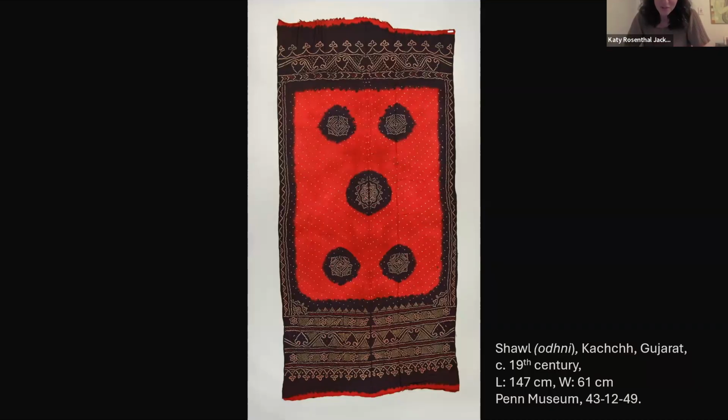And it is currently estimated that more than 25,000 people earn their livelihood from tying bandhani and dyeing bandhani, just in Kutch today. And Kutch is just one of the regions where this is practiced.